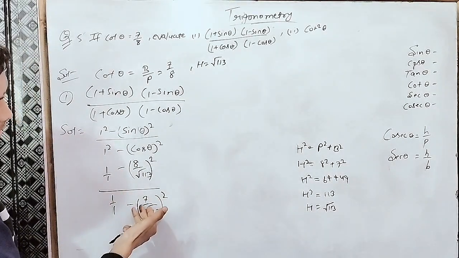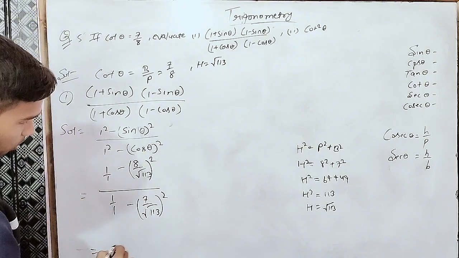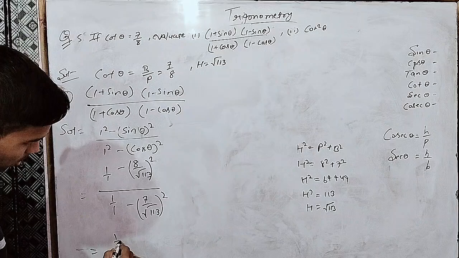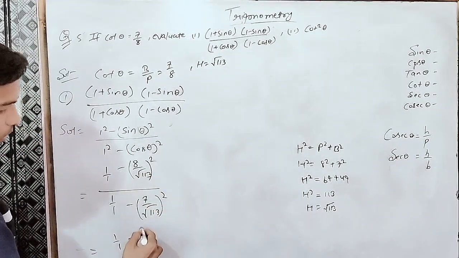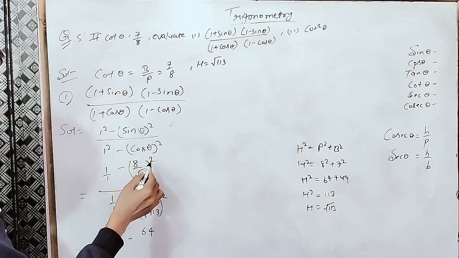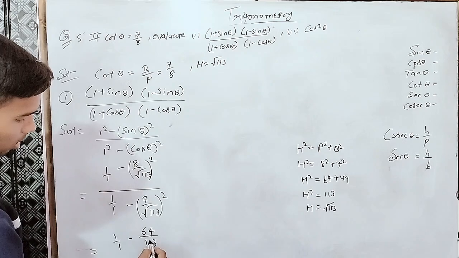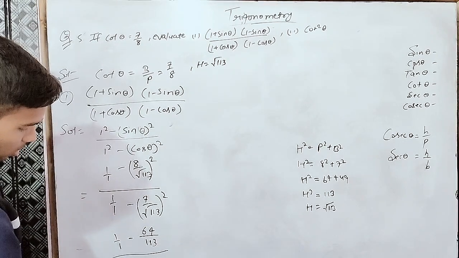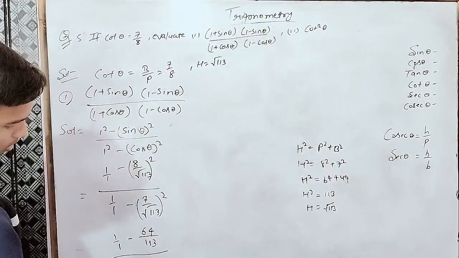Can we write this square separately? Of course. Here you are looking at 8 8 is 64, a square and a root, so the square root will get cancelled. Then we will have 7 7 is 49.